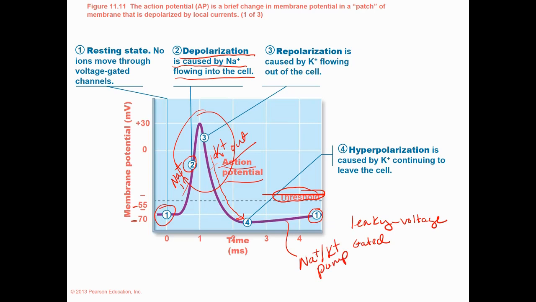And that's going to bring those ions back and forth to establish the resting potential. Remember, this is your resting. Sorry about my handwriting. But that's what goes on in an action potential.